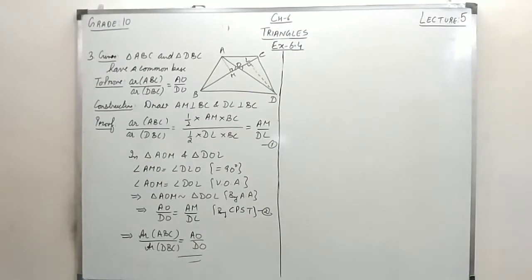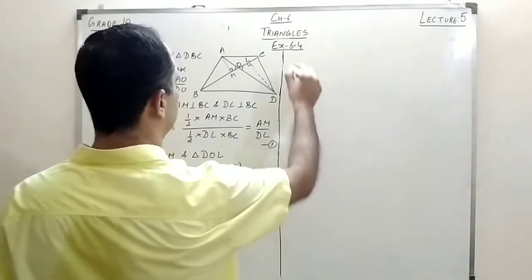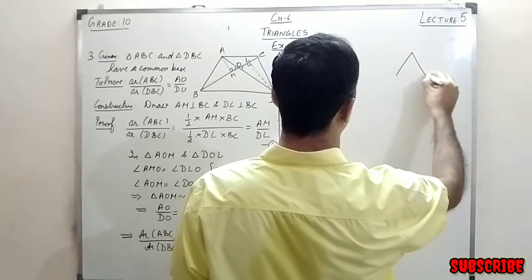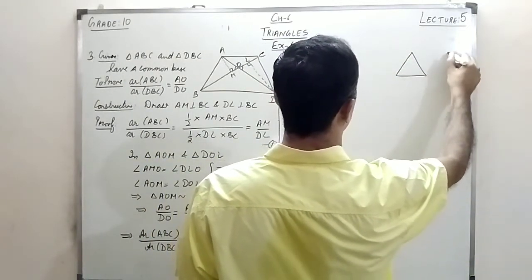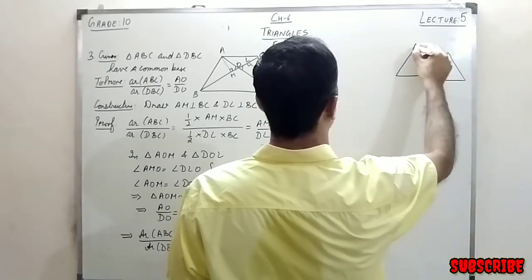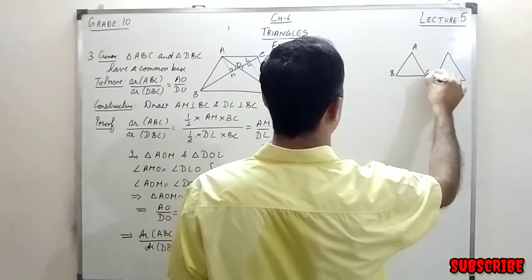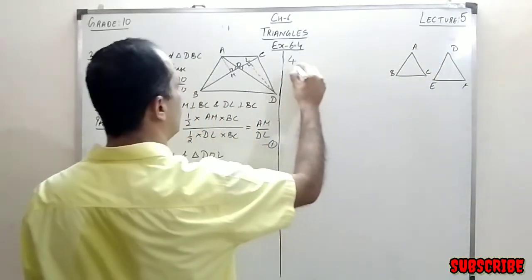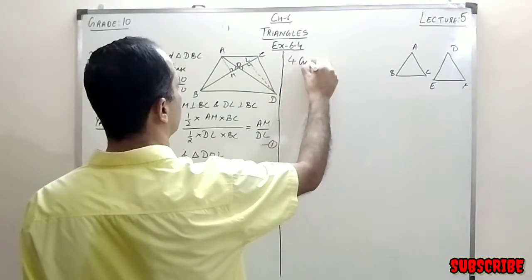In the fourth question it is given, if the areas of two similar triangles are equal, then we have to prove they are congruent. So we take two triangles, A, B, C, D, E, F. Now what is given to me?